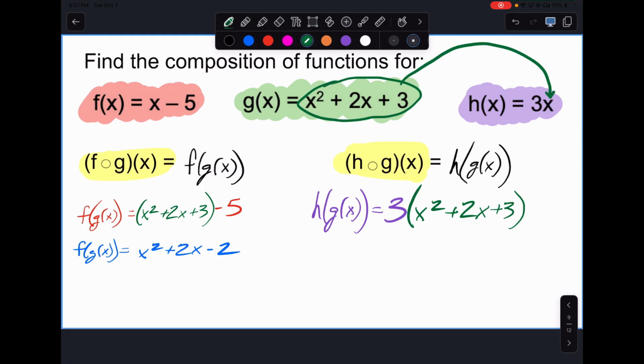That's what it should look like as you set it up. We're going to pause now and let you finish it. So we're going to distribute our 3. Just like that.